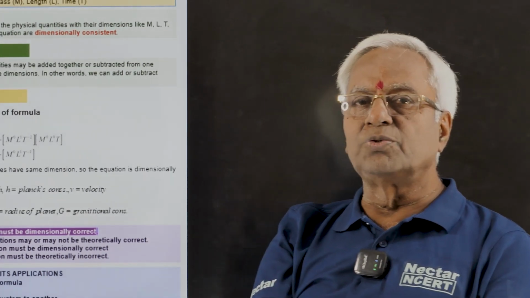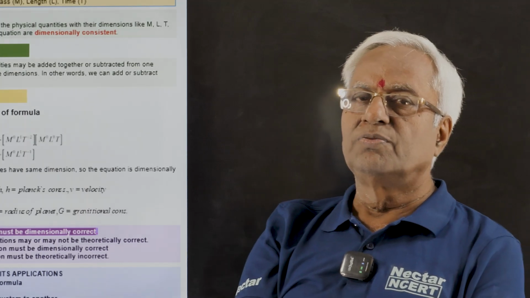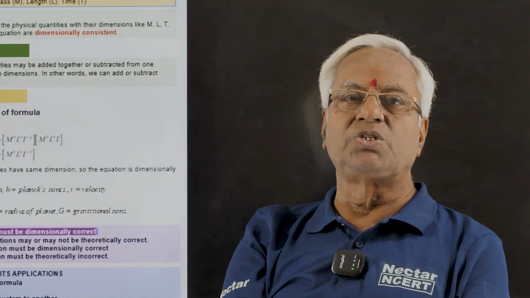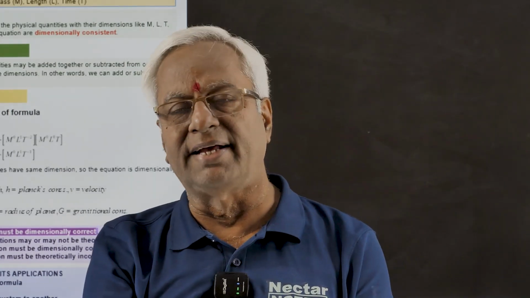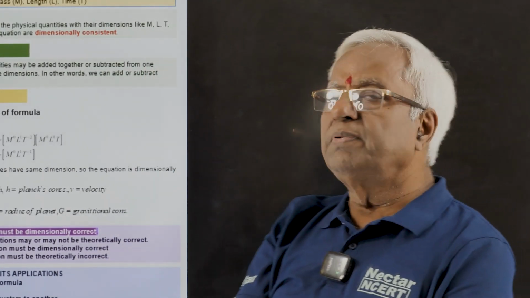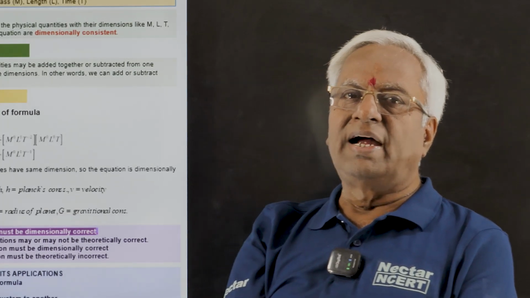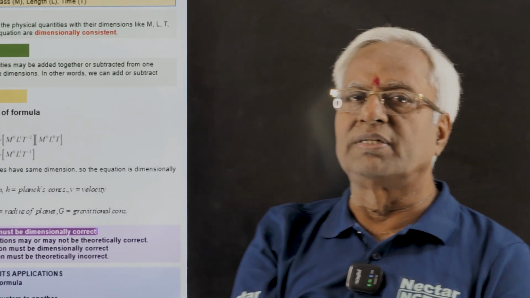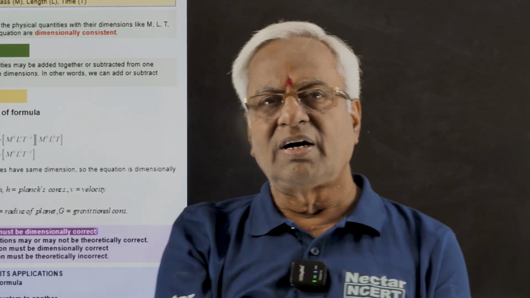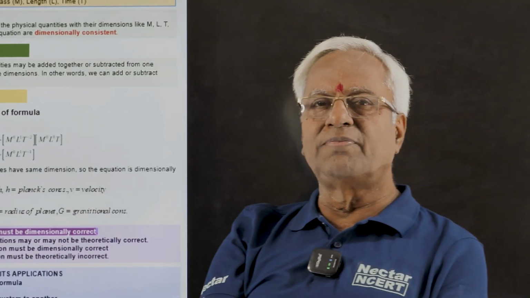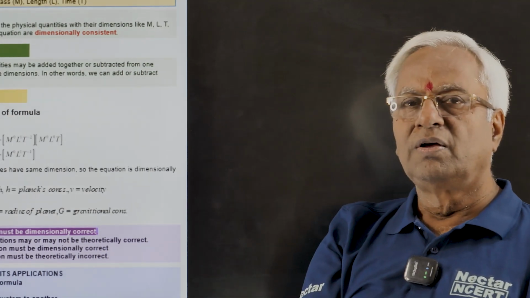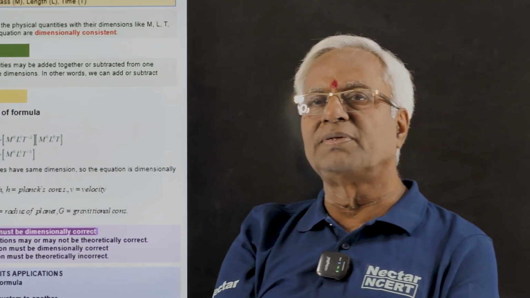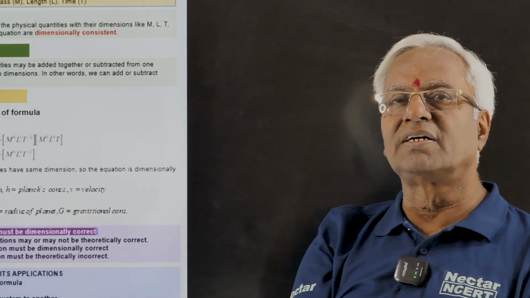Before entering into the detail of those things, we must know the principle of homogeneity. It is a very important and fundamental principle. For example, if somebody says add 3 meters and 2 hours, it will be unbelievable. It would be very uncommon to hear, because mass is not added with length, and length is not added with time.